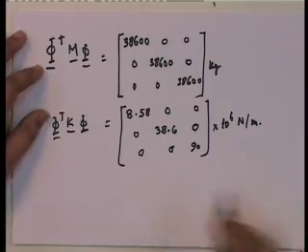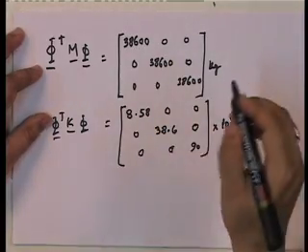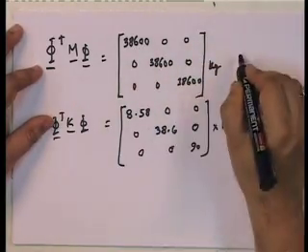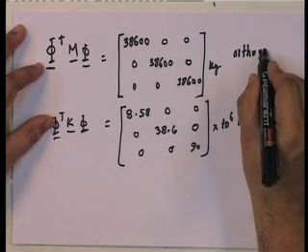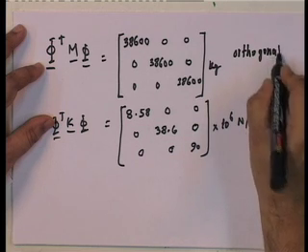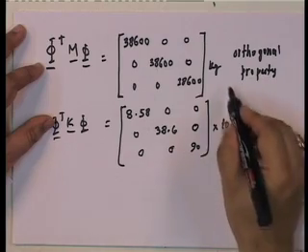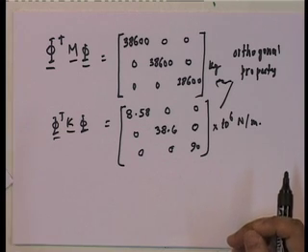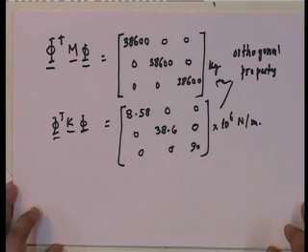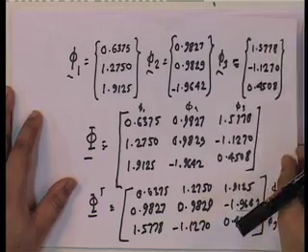Now, if I look at it, note two things. Diagonal means the orthogonal property of both of these is satisfied. That means that the phi values that we have given are indeed orthogonal mode shapes.